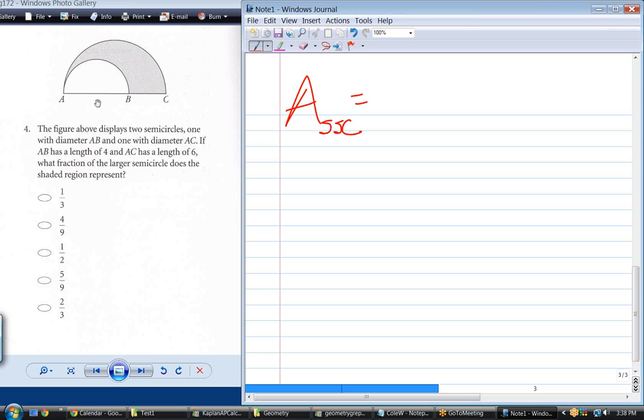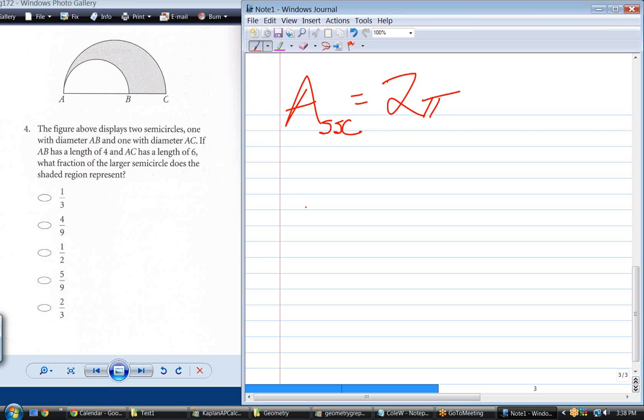So what's its radius? Radius is always half the diameter. So the radius of this semicircle is 2. So the area, if I had a full circle, would be 4 pi. Since I only have half a circle, that area is 2 pi.